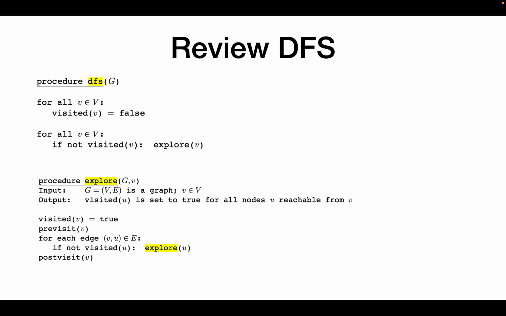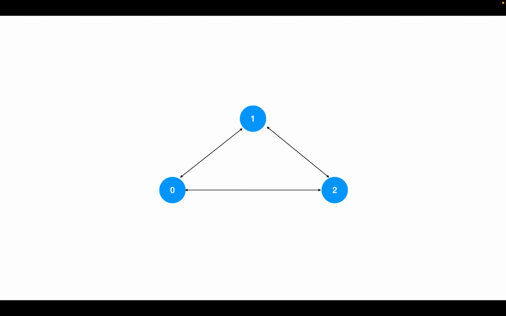So you're going to be searching depth first through a graph, going from a start node to one of its neighbors, to one of that node's neighbors, on and on until you can't go any deeper. And then you'll bounce back up the call stack and eventually explore other children of the same node.